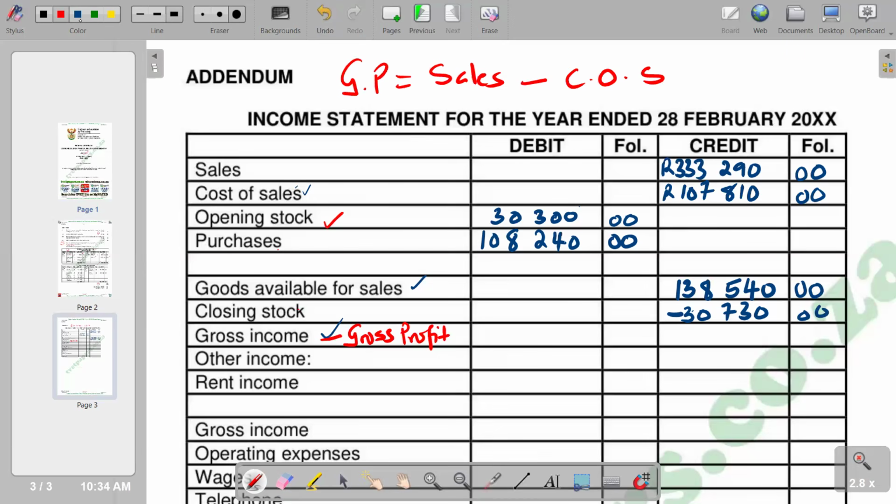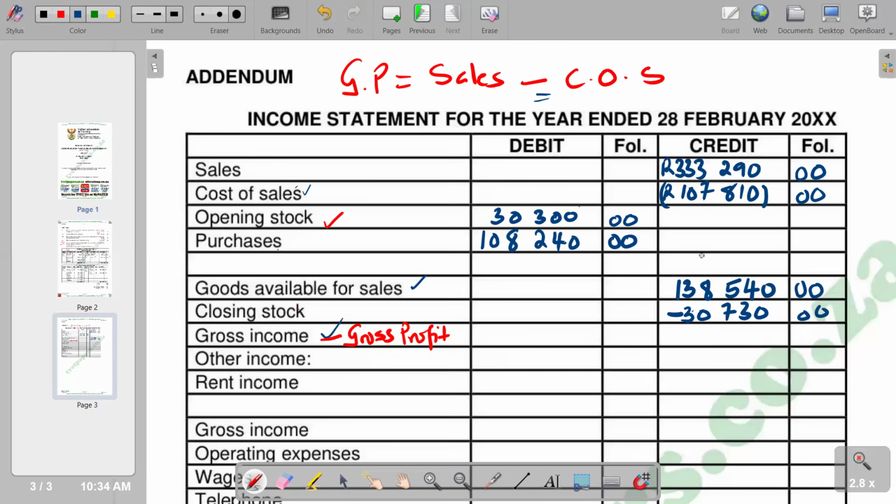So our cost of sales, as we are subtracting here, we have to put our cost of sales in brackets. So by doing so, we are now saying 333,290 minus 107,810.